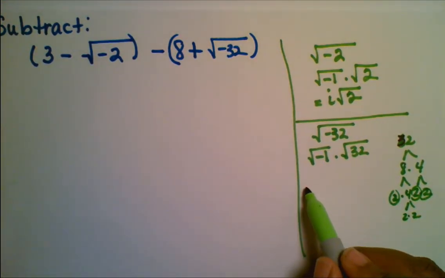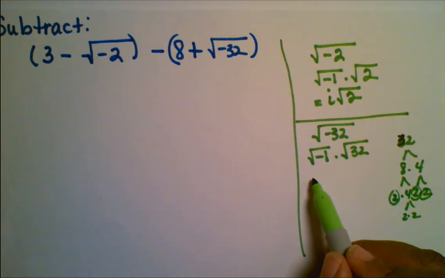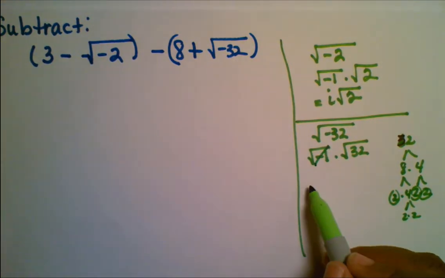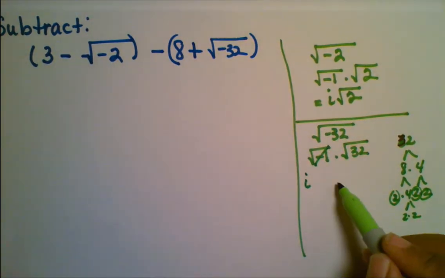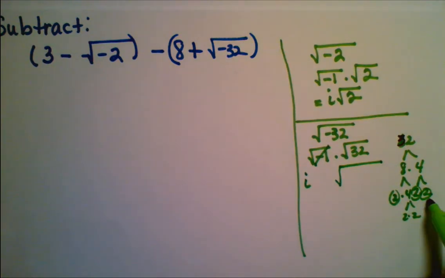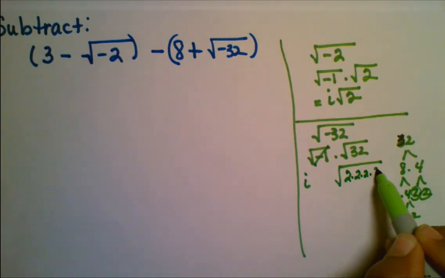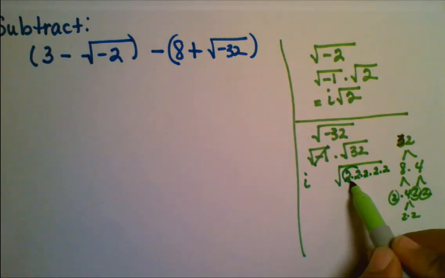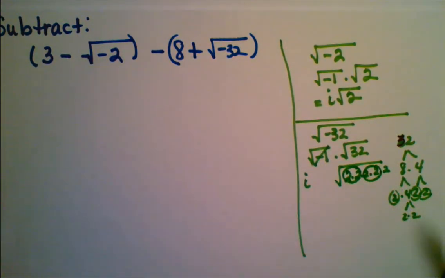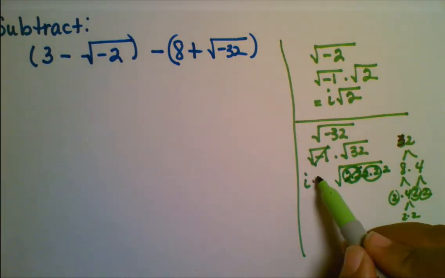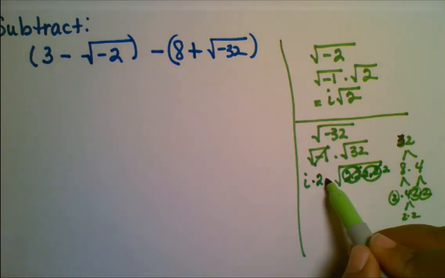So we have square root of negative 1, which is i. Take the square root of 32. We have 1, 2, 3, 4, 5 2's. And circle your pairs. So we're going to bring out 2 2's.